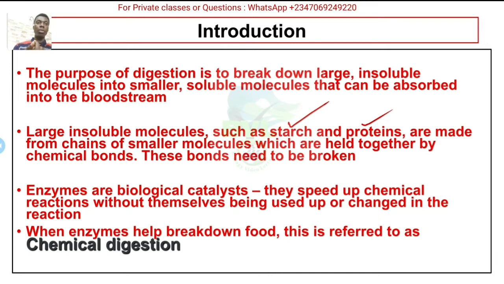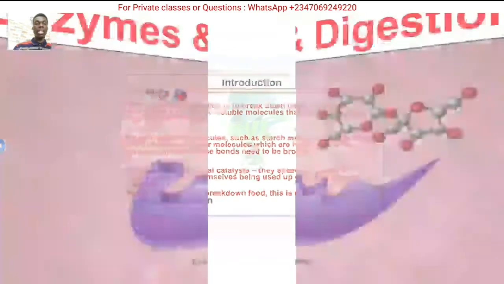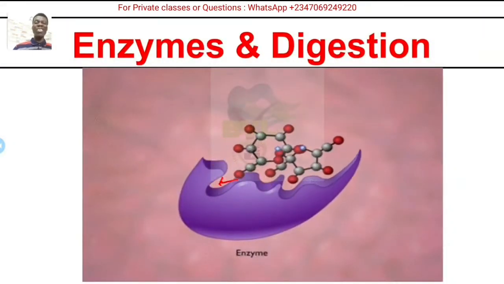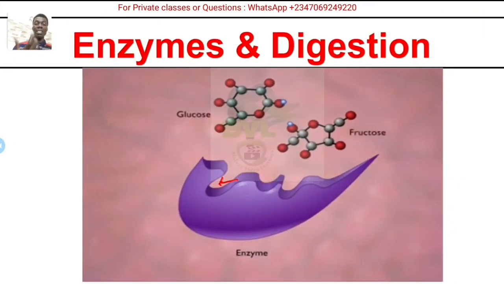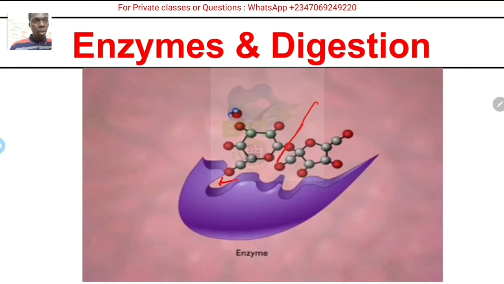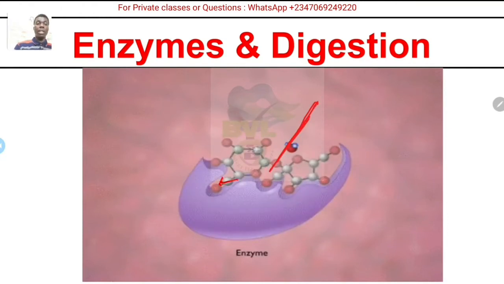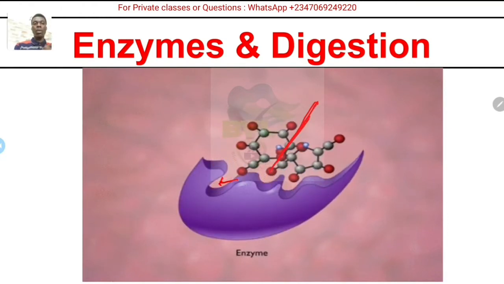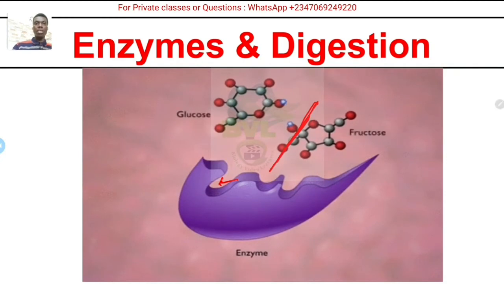For example, what you saw in the previous slide is just a very minute one. Starch, for example, has hundreds of something like this. So you have to break the bonds. This bond has to be broken. That's what we're trying to achieve. Can you see that's where it is? What is bonded is broken, then it's released, so to say.